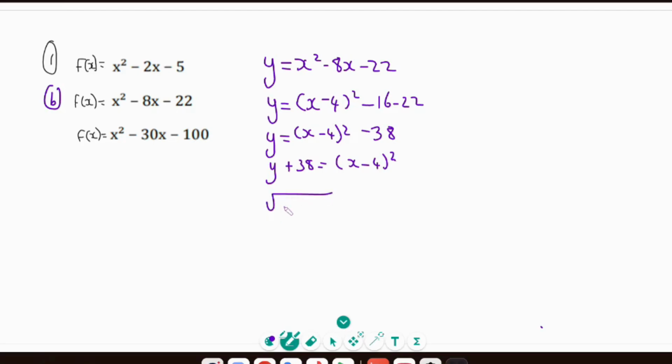Square root both sides. Add 4 to both sides. Write in function notation.